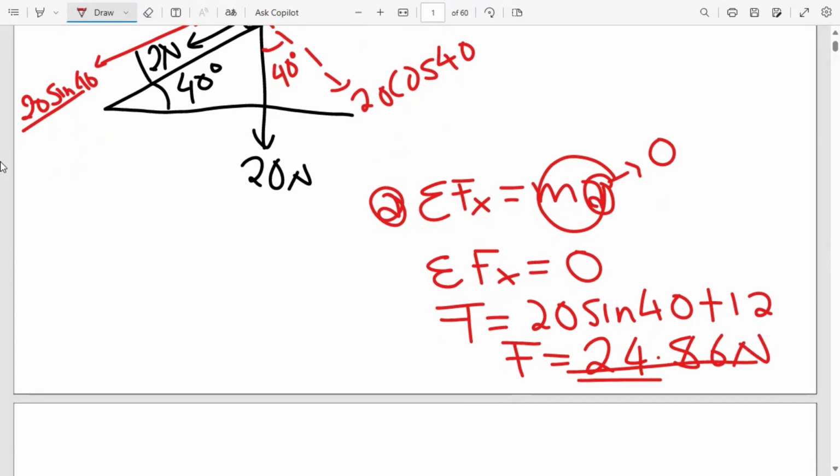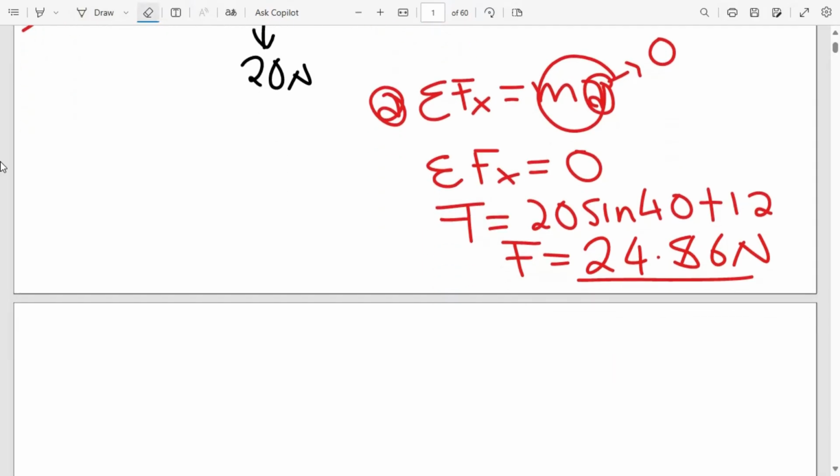That is the force that is producing the action here. You just plug in 20 sine 40, you're going to get 12.86. Then you add that to 12, and you get 24.86 as the force F. So that, ladies and gentlemen, is the force F that is producing motion.